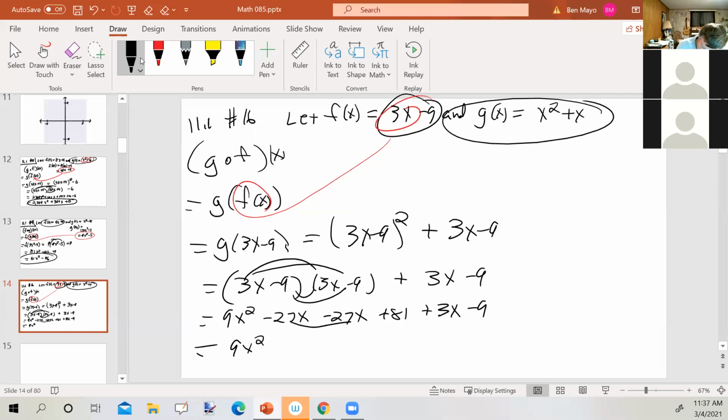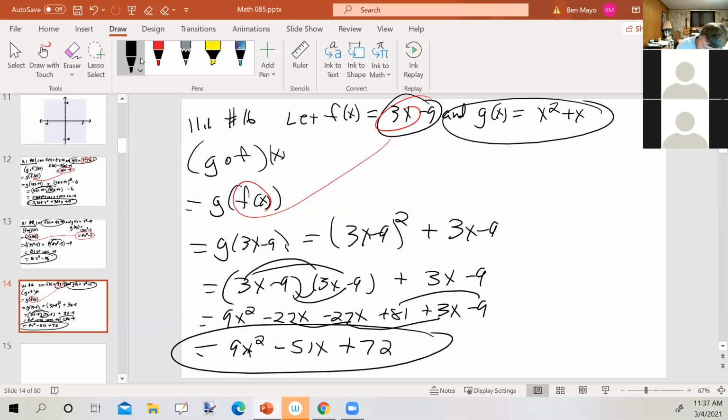Let's see, minus 54x plus 3x would be minus 51x, and then plus 81 minus 9 would be plus 72. So 9x squared minus 51x plus 72.